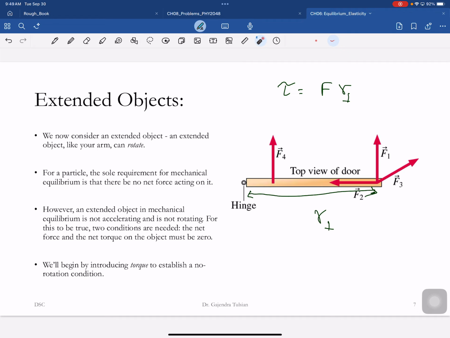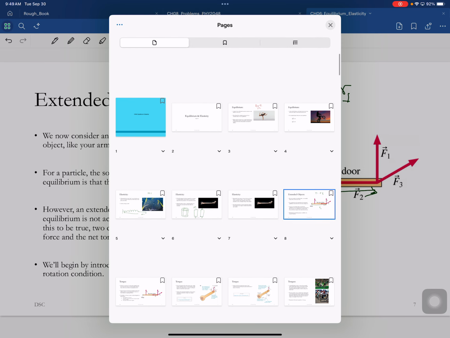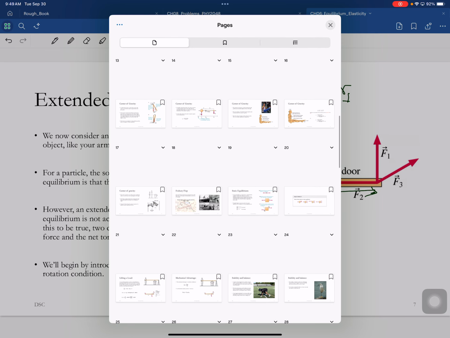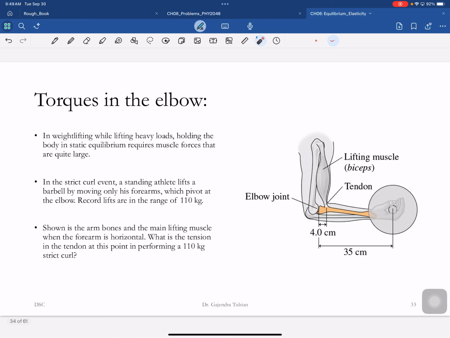All right, so let me show you something. So look at your arm. So here is the muscle attached to the bone there.